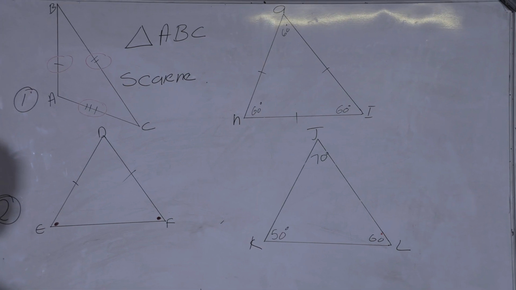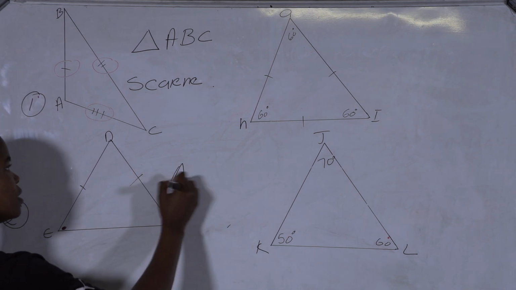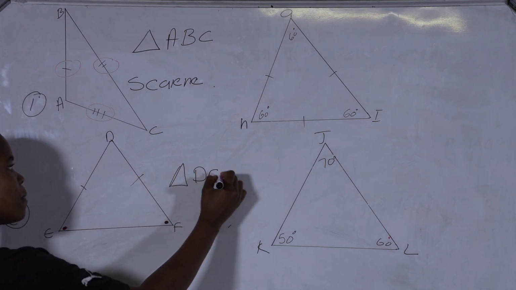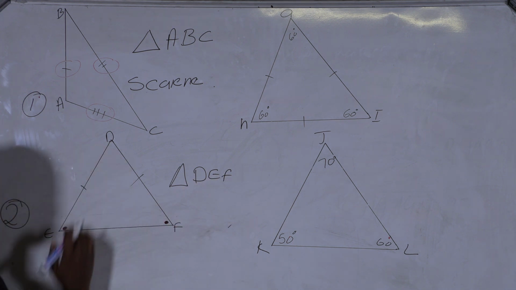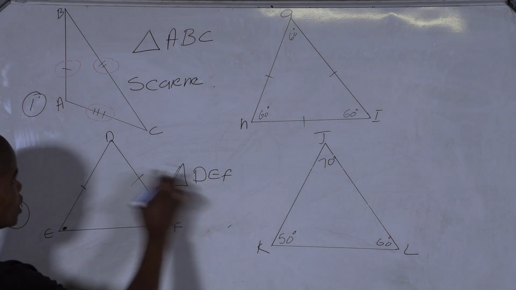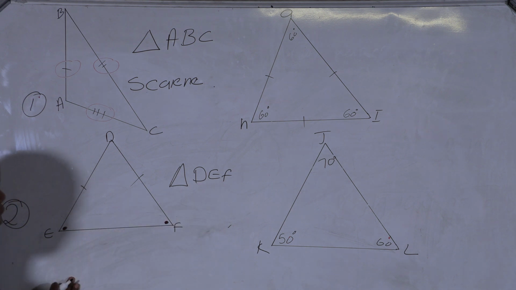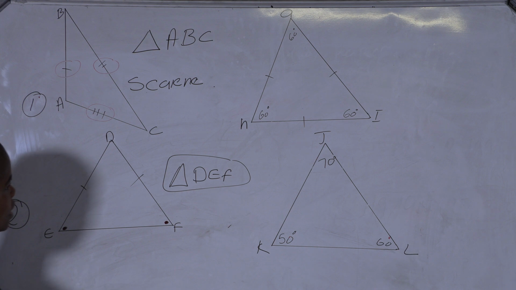Looking at the second triangle, we call it triangle DEF. One can call it triangle EFD or DFE, however you want to call it, as long as all the letters are there in your notation of triangle DEF.